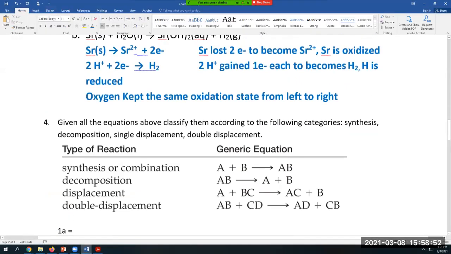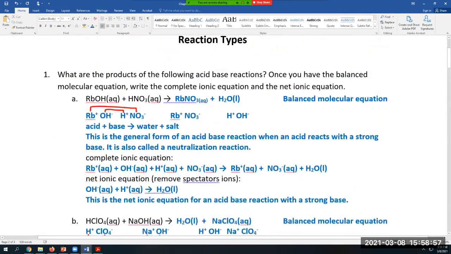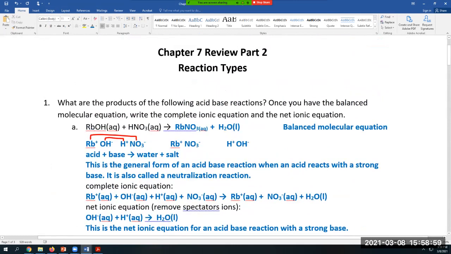So 1A, you need to go back to question 1A here to decide what kind of reaction you have. It was the reaction with rubidium hydroxide and nitric acid, which gives rubidium nitrate plus water. It's an acid-base reaction, right? Acid plus base gives water plus a salt.